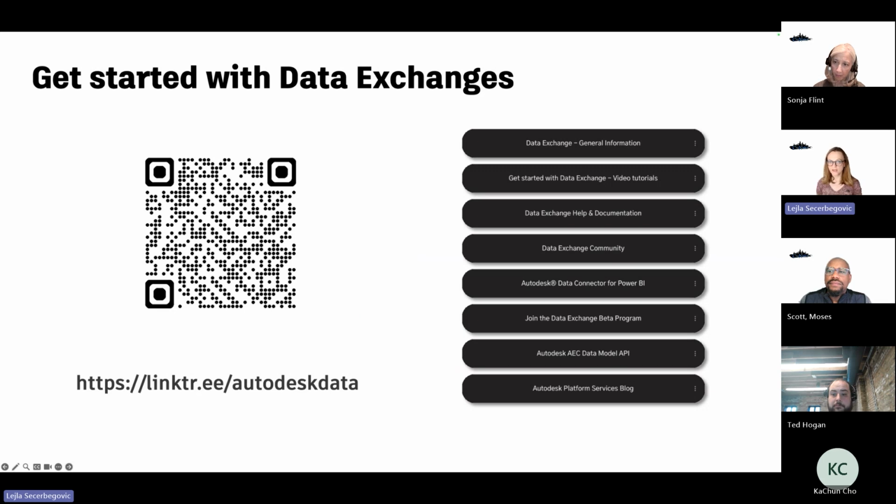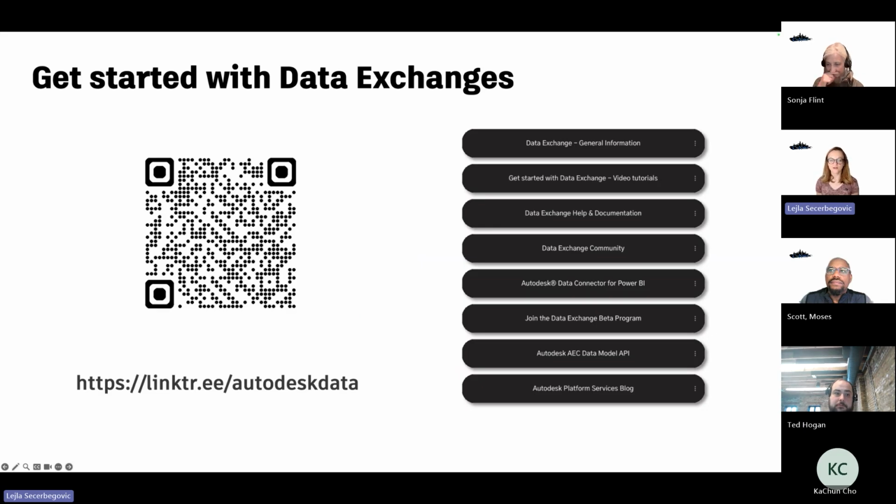If you create data exchanges from ACC, so from Revit or IFC files, then the data exchange will automatically update when you update a source file to a new version. So when you publish a new version of a Revit file or upload a new version of the IFC file.